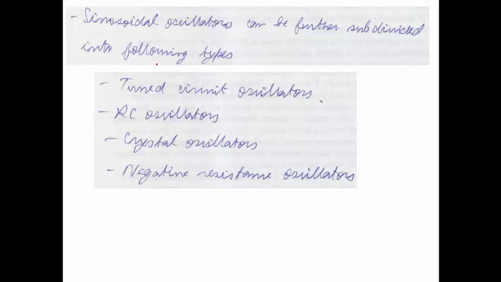Out of these four, the first three are more popular, and we are going to discuss them in detail in the lectures to come. This is a lecture series we are trying to launch, and in the future we are going to discuss in more detail what we are covering at the basics. In the next few lectures we will cover tuned circuit oscillators, RC oscillators, and crystal oscillators.